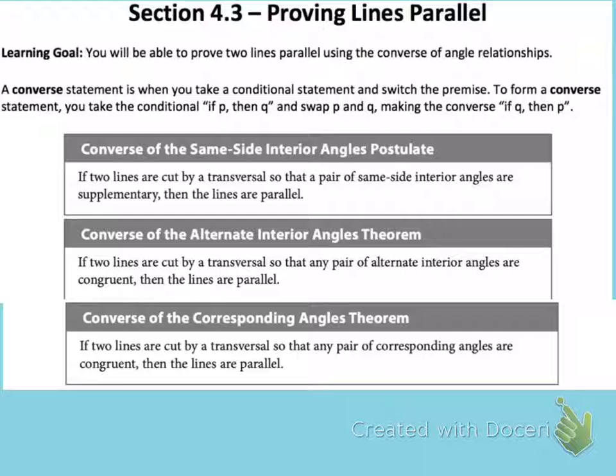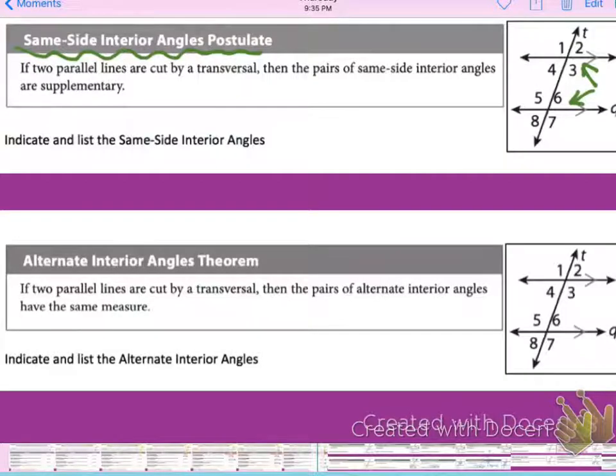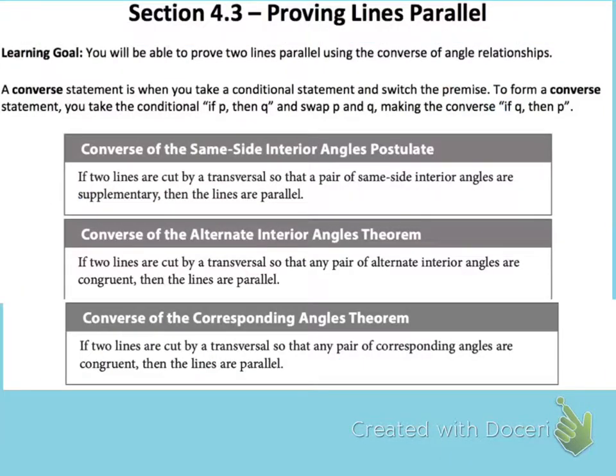But it does turn out that all the theorems we learned in the last lesson, some of them like the same side interior postulate and the alternate interior angles theorem, actually have true converses. So that's what we're going to be looking at applying today. Those converse theorems are used to prove lines parallel. So let's say we don't know that the lines are parallel, as we did in the last lesson.